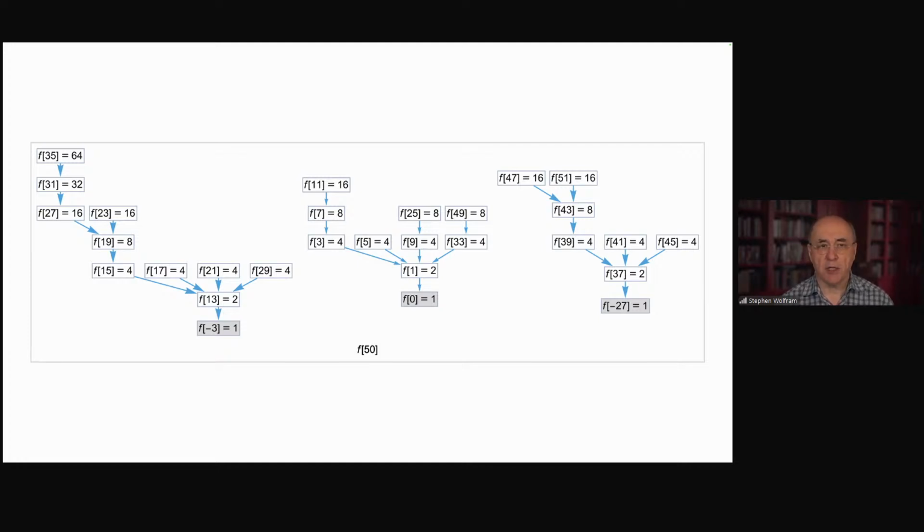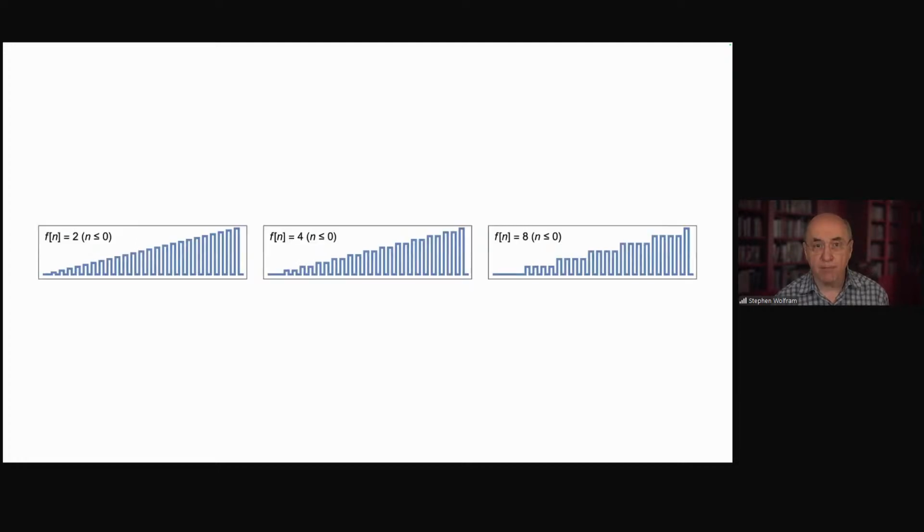So far, we've discussed T212 only with the initial condition f of n equals 1 for n less than or equal to 0. The fact that f of n is always a power of 2 relies on every initial value also being a power of 2. But here's what happens, for example, if f of n equals 2 to the s for n less than or equal to 0.